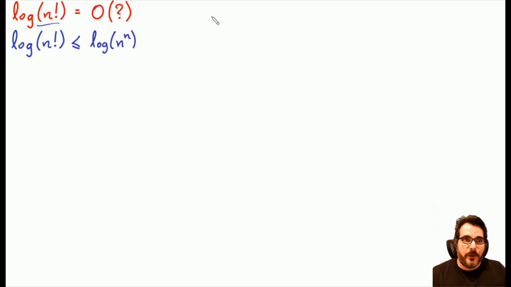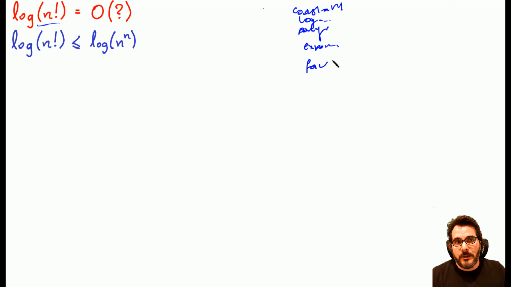And log n factorial, if you remember from previous videos, we have constants, then logarithms, polynomials, exponentials, factorial, and in the end, like we had in the very beginning video, n to the power of n, which is huge.